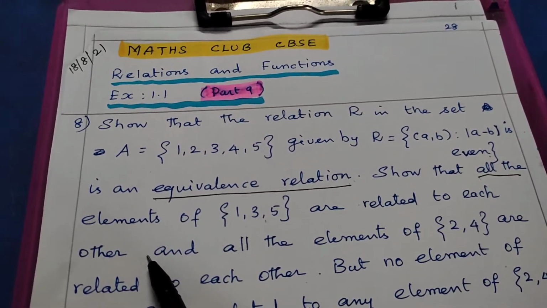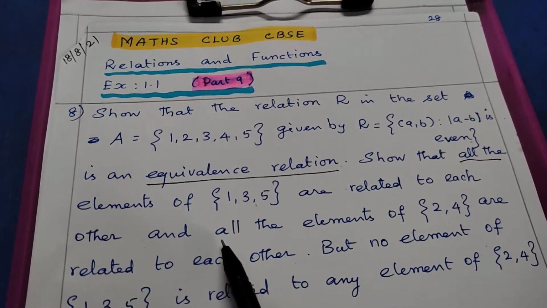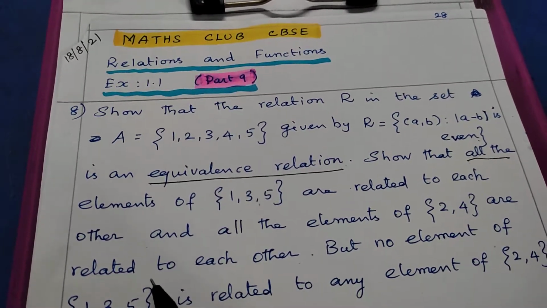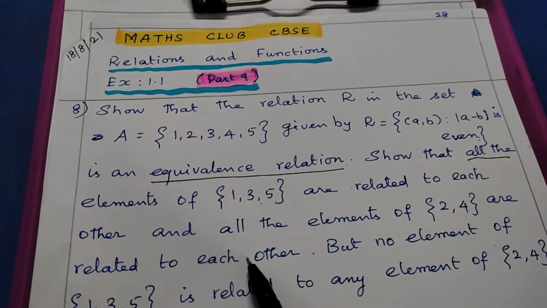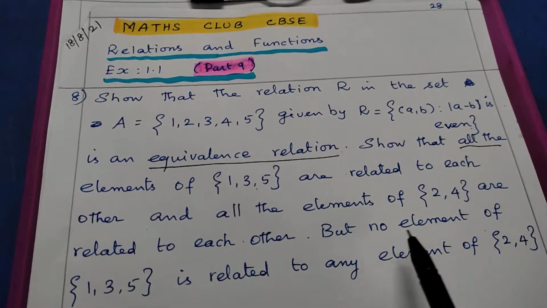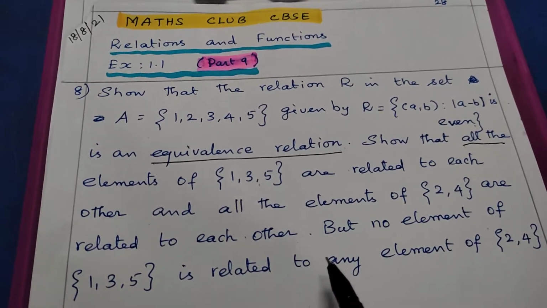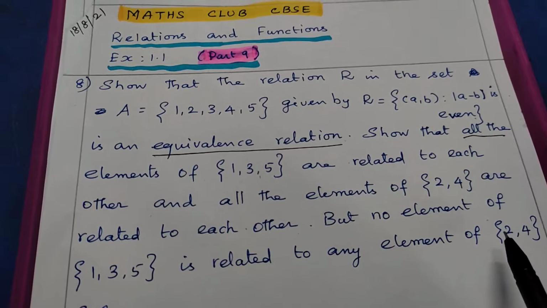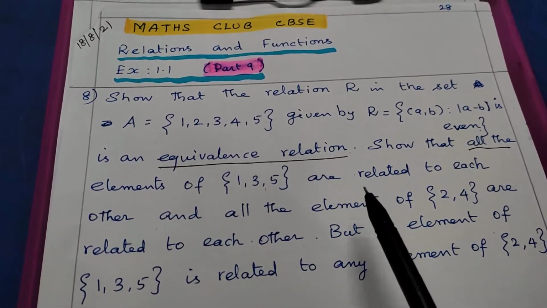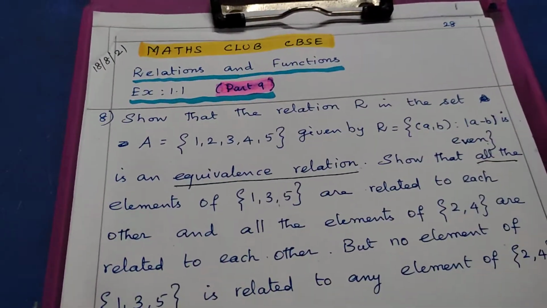The third part: all the elements of {2, 4} are related to each other. Then the last part: no element of {1, 3, 5} is related to any element of {2, 4}. Okay, we separate this sum into 4 parts. Then we go to the solution.